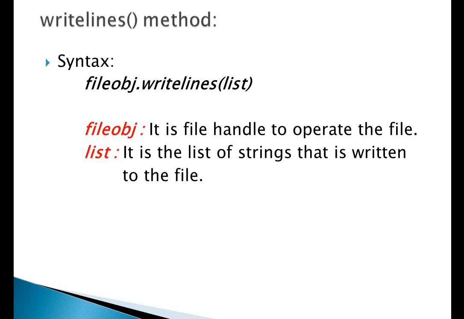The writelines method is called using a file object, and it accepts one argument of type list. This is why writelines is called a method, because it is called using an object. This is the difference between function and method. Functions are called without using objects, and methods are called using objects.